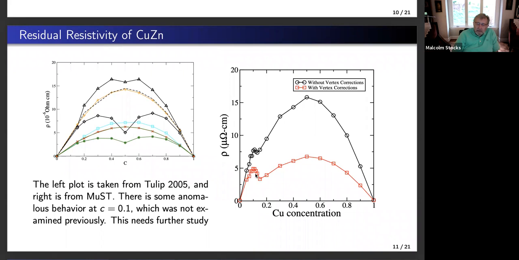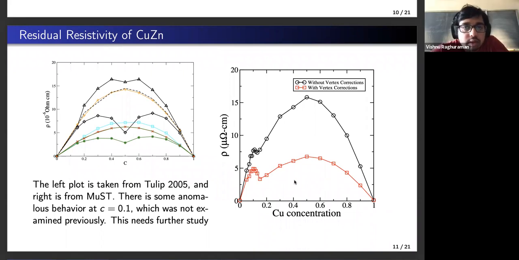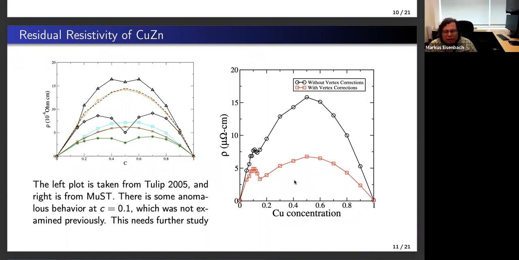Yeah. So but again, for this, trying to look at it with the same scale as the previous calculation.